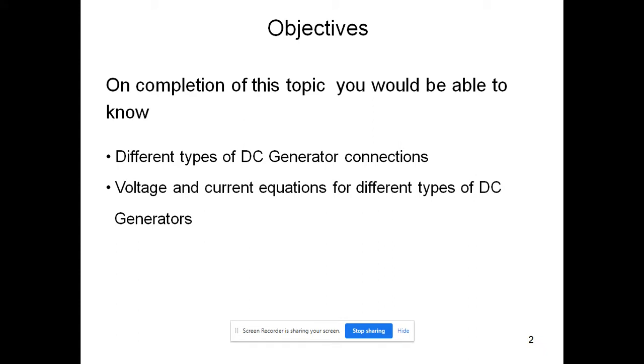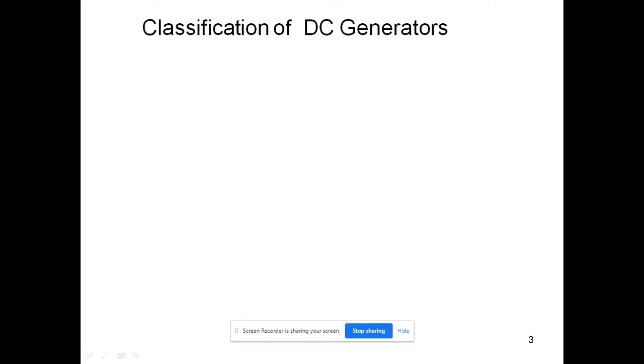In this presentation, we will learn some types, and in the next presentation, we will learn the others. Let us start from the classification of DC generators.